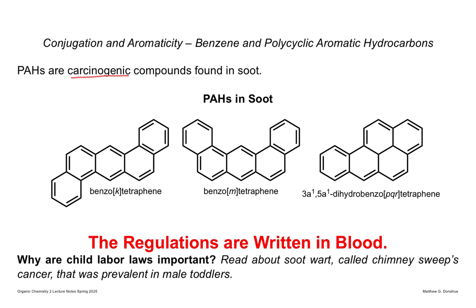So all that stuff you don't see, it's collecting in your HEPA filter. That's the soot. So these compounds were found out to be carcinogenic based on an example of chimney sweeps, and I'll talk about that on the next slide.